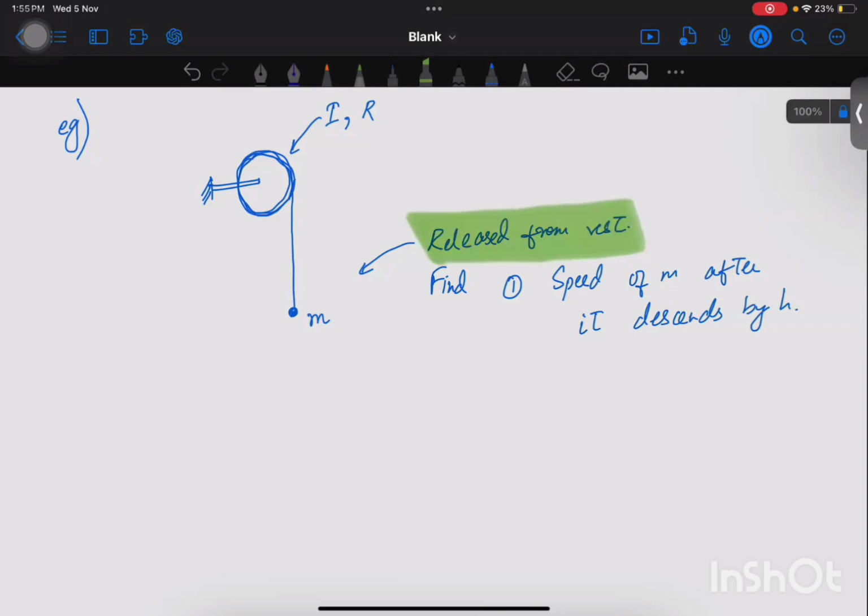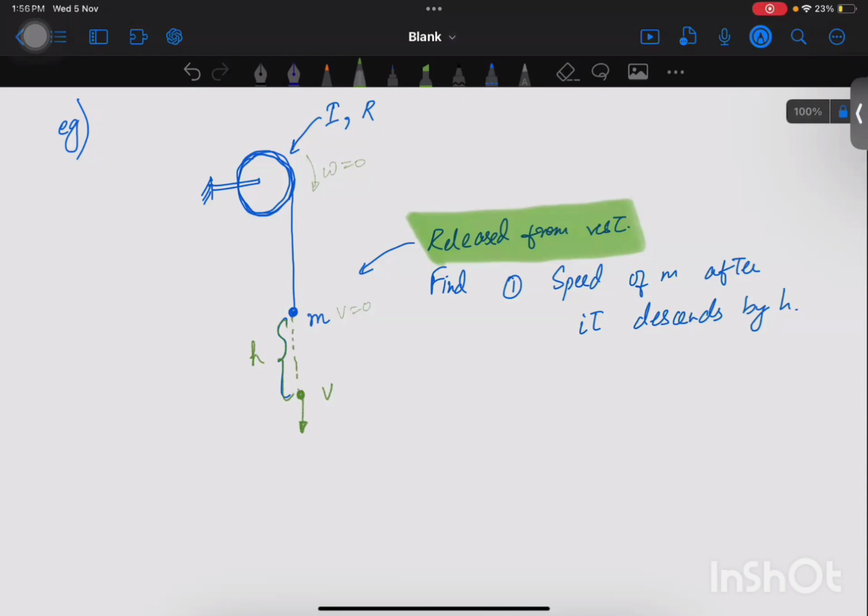Omega is 0. The v value is also equal to 0. Now let us write that if it has descended by a height of h over here, then its speed is a non-zero value, which is v.